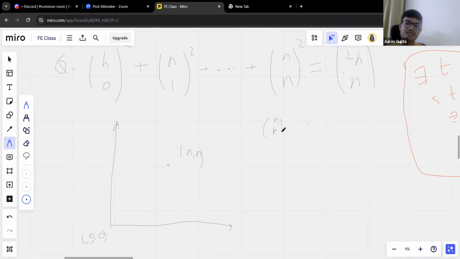But in the next n moves, you must have n minus k ups because you have a total of n ups. So you multiply it with n choose n minus k. And k is ranging from 0 to n. But both of these will be equal, so we can just replace this with n choose k squared. That will be the total number of paths from 0, 0 to n, n. This will be equal to 2n choose n. And we are done.